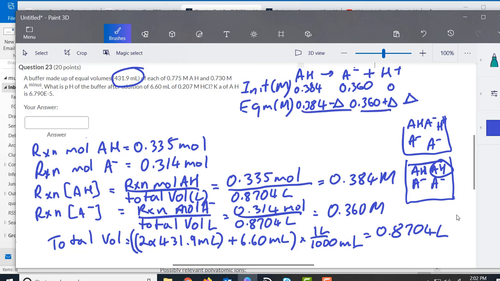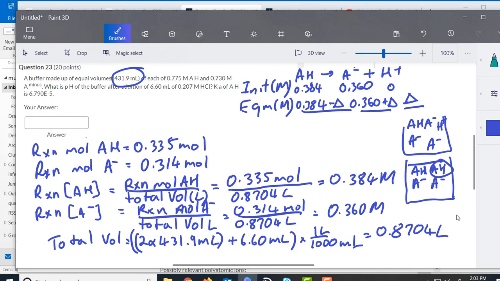And the A- goes up by the same amount as the H+ goes up, which is this delta here. So that should explain to you why we're doing this, and why this table is going to be the same regardless of whether we're adding acid or base, because at this point we have the same result. We just have a solution that contains AH and A-, and that's it.